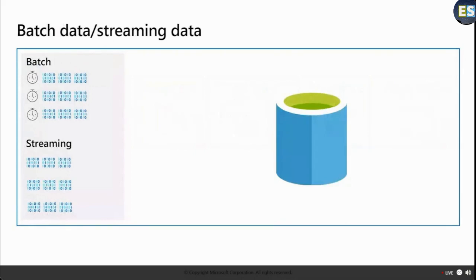Exactly when each of these groups is processed can be determined in a number of ways. For example, you can process the data based on a scheduled time interval, say every hour, or you could use some trigger. Say, for example, when a certain number of data items have arrived, then we trigger that process to go and batch process it.